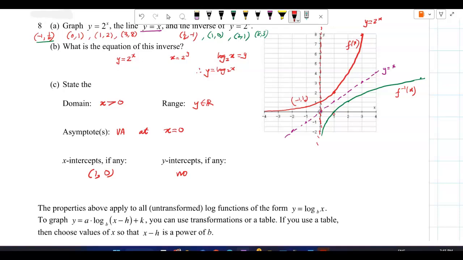Don't get confused, please. We are looking at the green graph, which is the inverse, y is equal to log x to the base 2. You are looking at both and getting confused. Okay, no y-intercept. Got it.